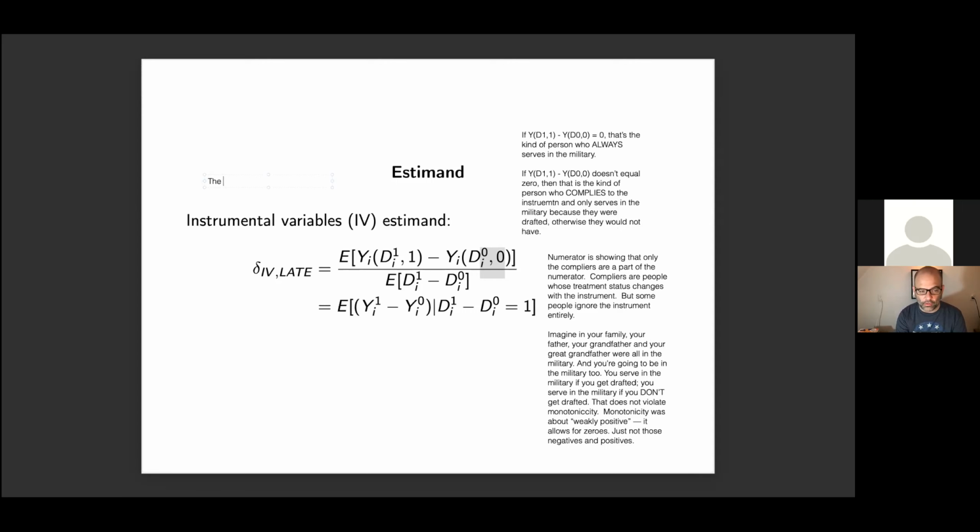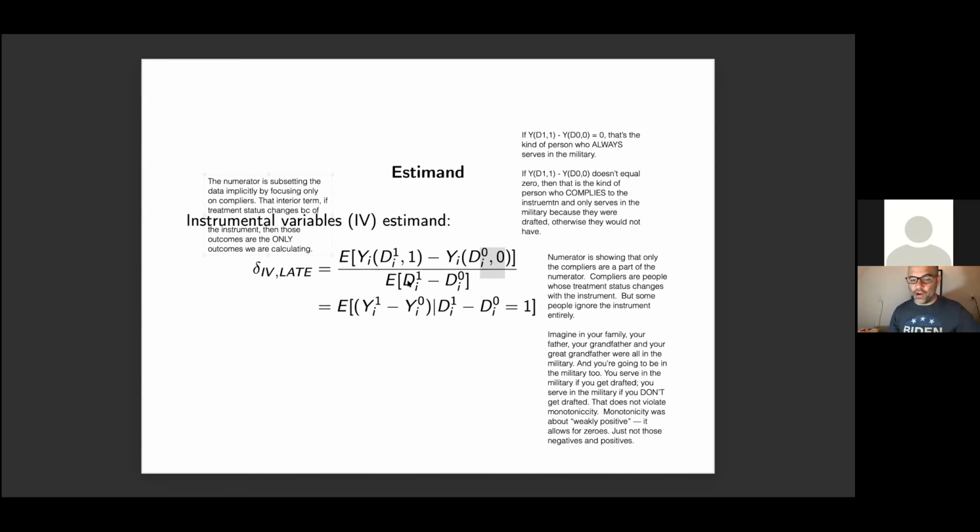The numerator is subsetting the data implicitly by focusing only on compliers. That interior term, if it's different from the other, if treatment status changes because of the instrument, then those outcomes are the only outcomes we are calculating.